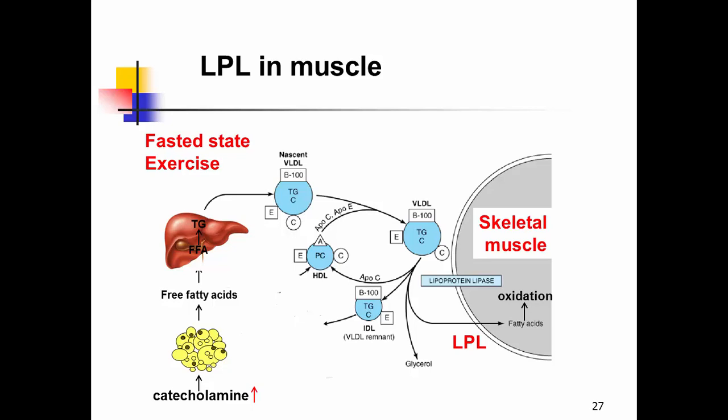And some part of the fatty acids can be repacked into triglyceride and sent to the muscle and other tissue for direct use as an energy source, right? So there are multiple metabolic pathways that occur during the fasting. Any questions? Is that clear?